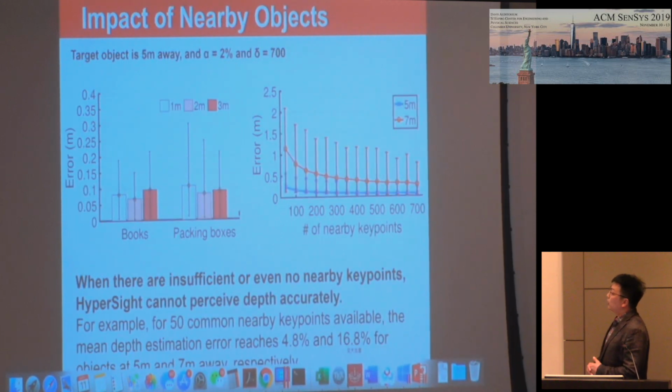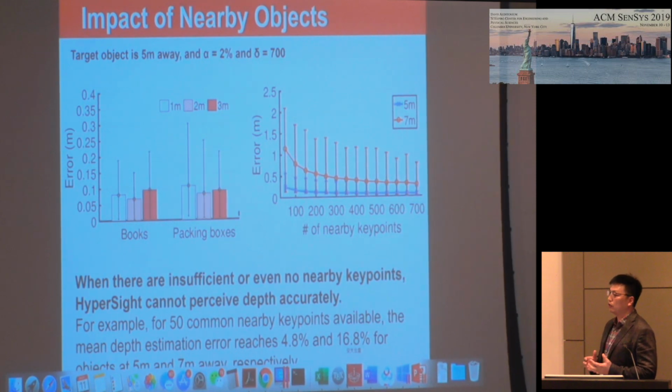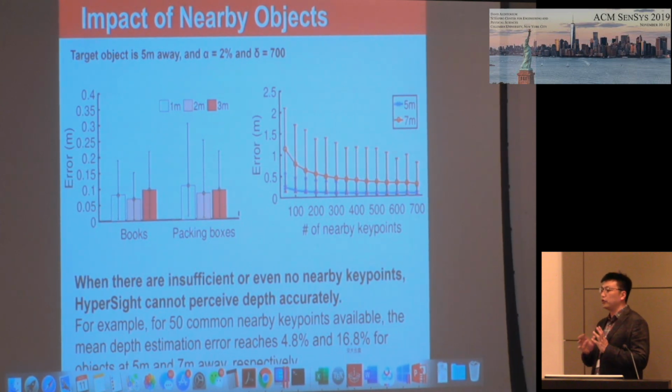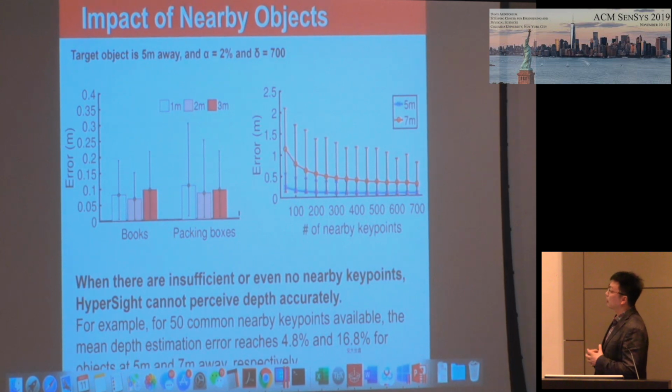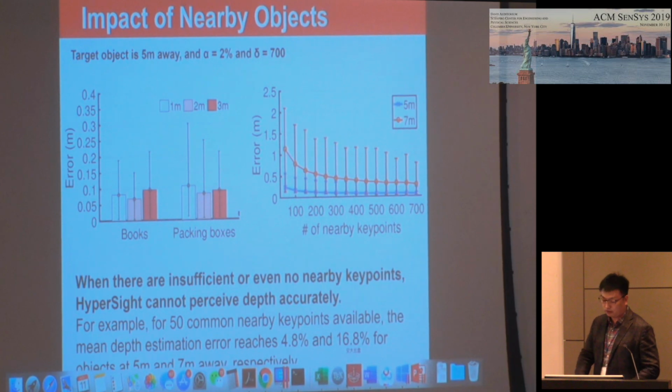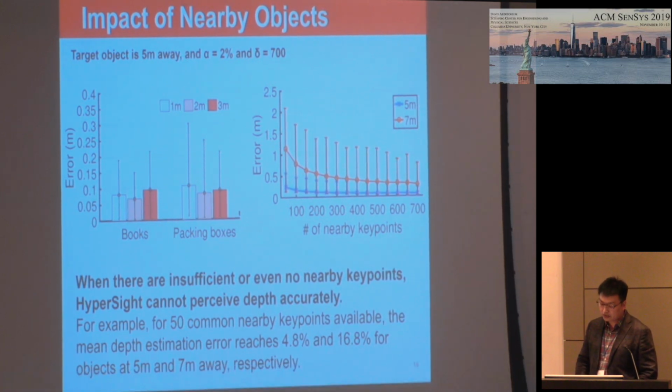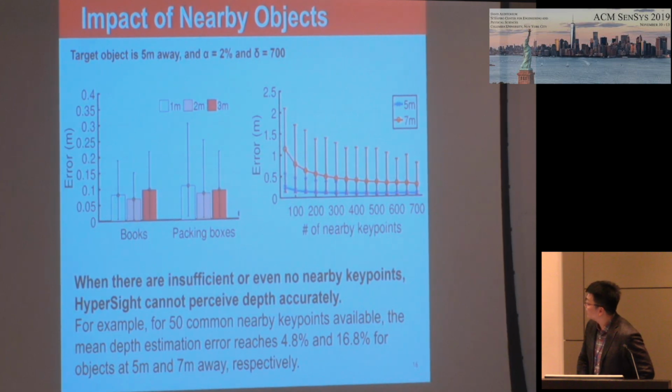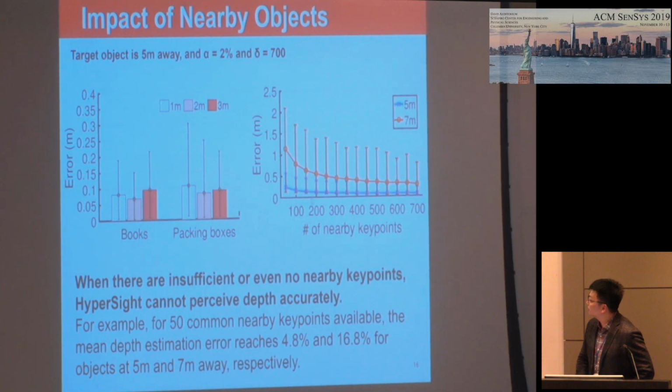We also examine the impact of nearby objects, because nearby objects are essential for HyperSight. We need the nearby objects to estimate the transformation of each slide. If there are no nearby objects, HyperSight cannot work. So we look further at the impact of nearby objects. Here we examine the number of key points found on the nearby objects.